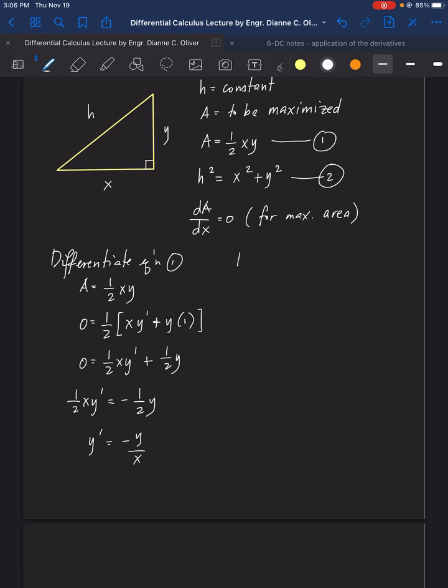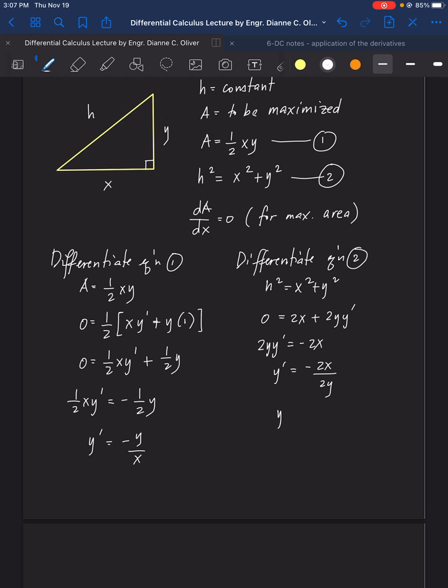Next, differentiate equation number 2. h squared equals x squared plus y squared. Now, remember that h is constant, so this is 0. 2x plus 2y y prime. 2y y prime is equal to negative 2x. y prime is equal to negative 2x over 2y. y prime is negative x over y.